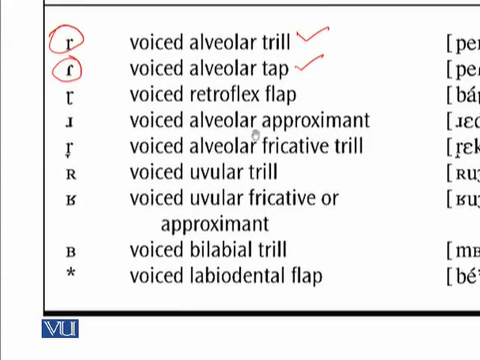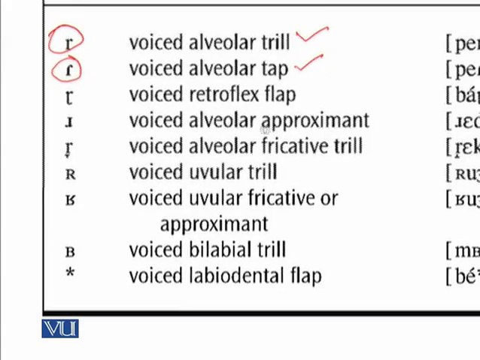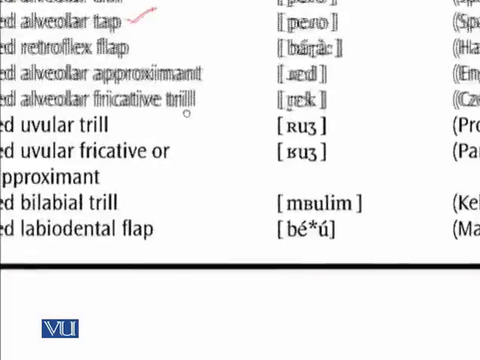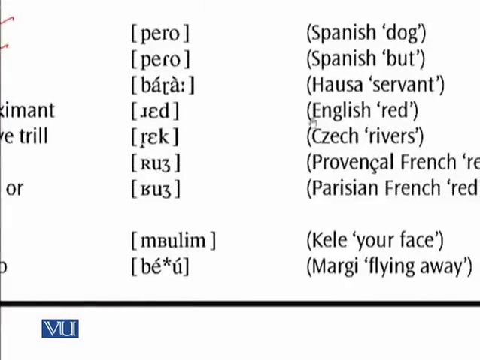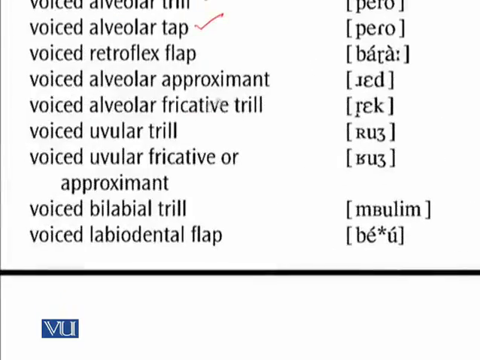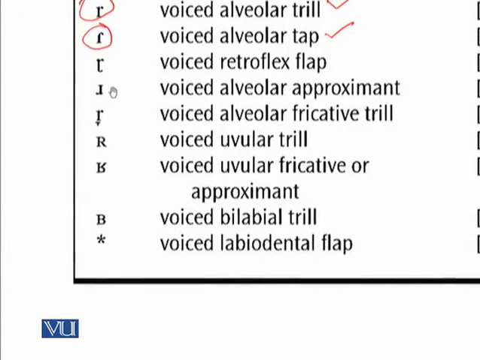And then the voiced alveolar approximant, right? So that's an approximant in a word like red in English, and that's also a different symbol here. And then the voiced alveolar fricative trill. So it's basically a trill, but it is fricative also. So it's not exactly an approximant because it's stronger than an approximant, and it becomes like a fricative.